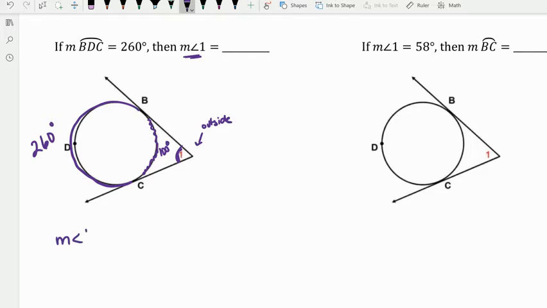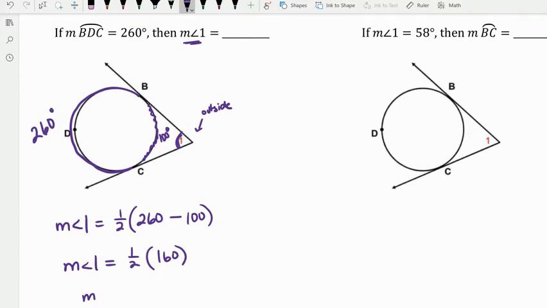So to find the measure of angle 1, I would do 1/2 the measure of the big arc, so my 260 minus the measure of the small arc, which is 100. So then our measure of angle 1 is 1/2 times 260 minus 100, which is 160. And then half of 160 is 80 degrees. So the measure of angle 1 is 80.